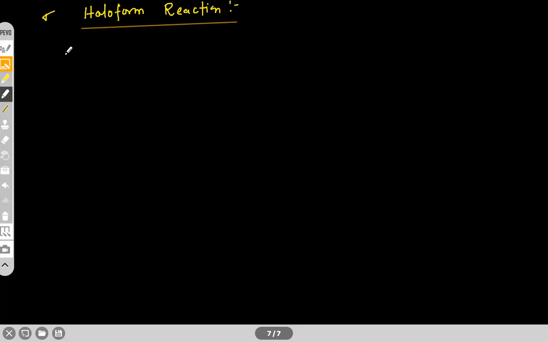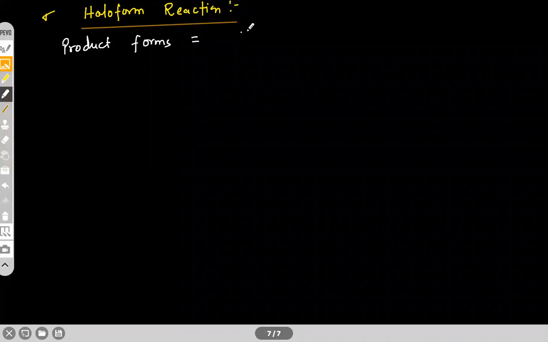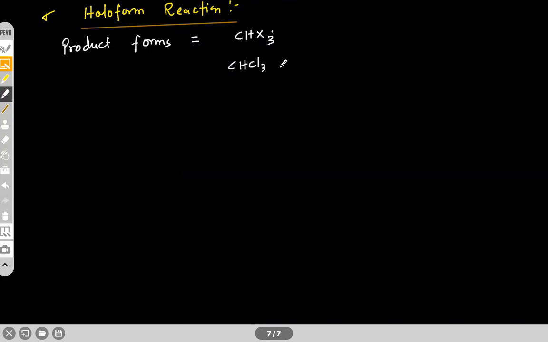Okay, so the product formed in this reaction is CHX3. For example, we can get CHCl3.